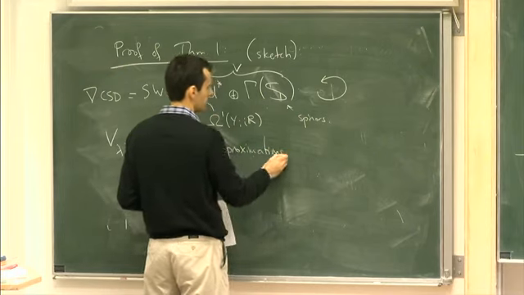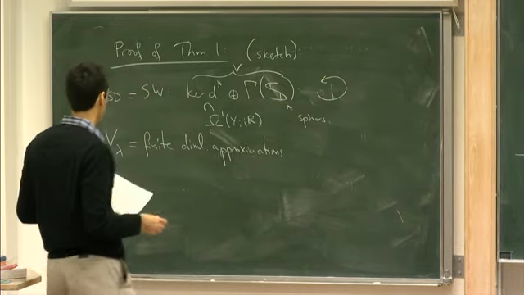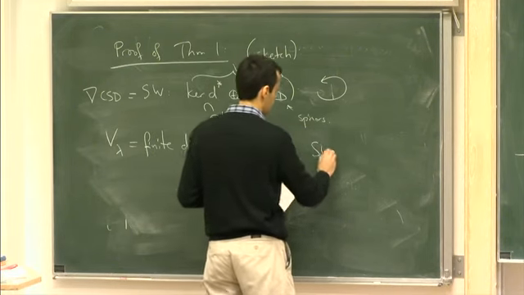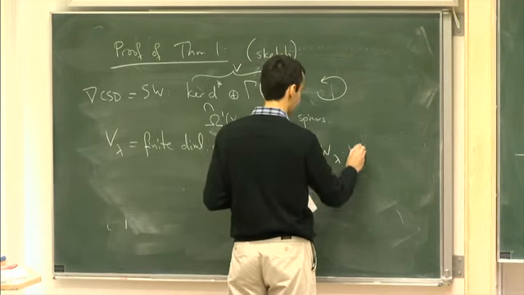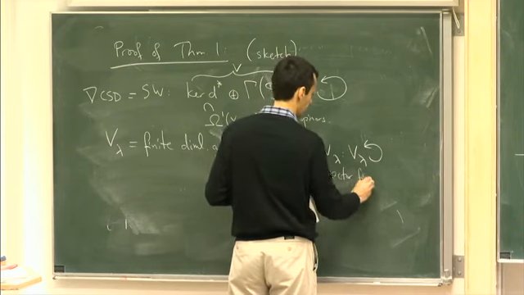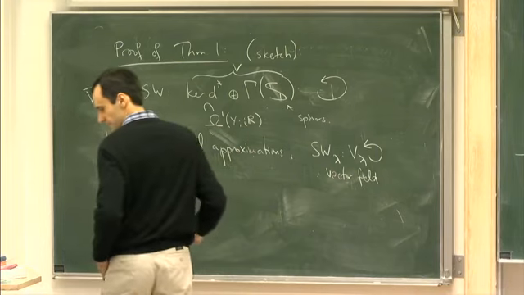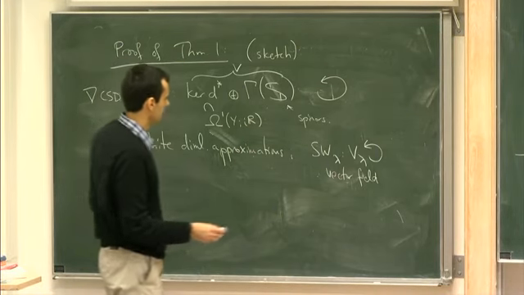So you take larger and larger finite dimensional subspaces of V, and you look at SW lambda from V lambda to itself. You think of it as a vector field.